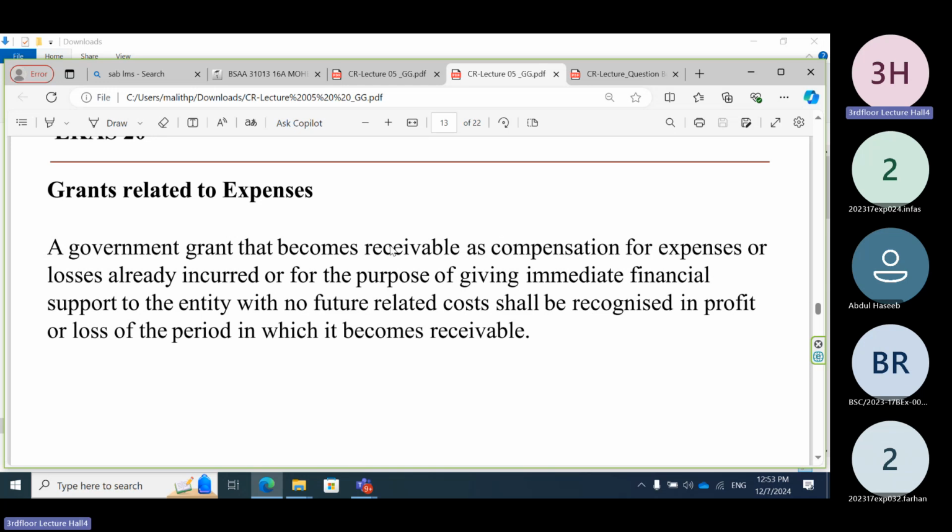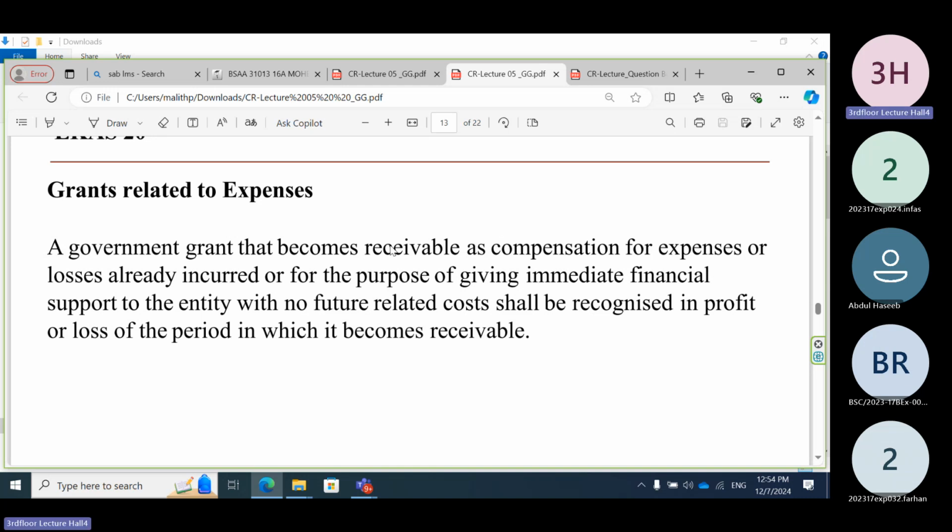You incur a cost and you clean that, right? Already you incurred it. As compensation to you, the government may give some amount of cash. There's no future commitment. Now you have already incurred the cost, no future commitments. Then only can you immediately recognize it in the P&L.